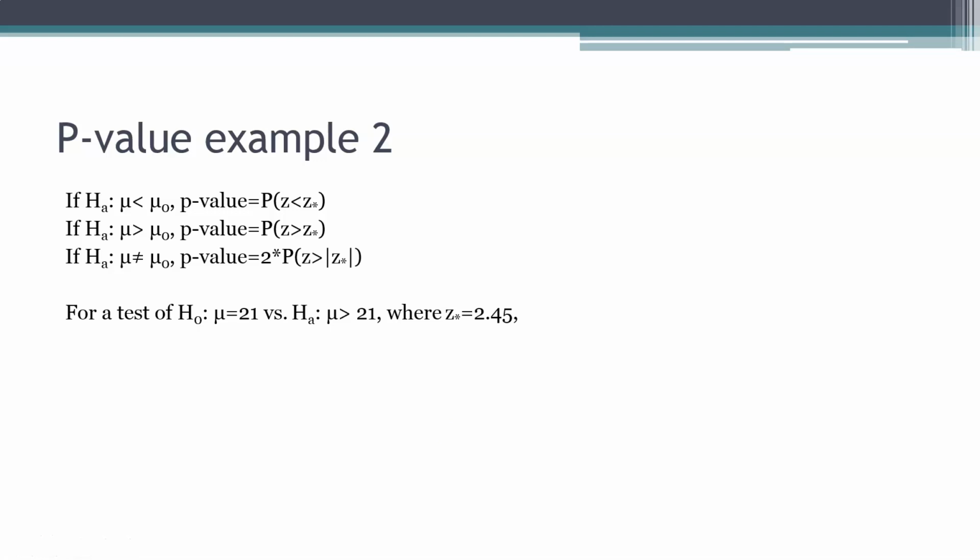Looking at example 2, if we're doing an example where our alternative hypothesis is greater than, we're looking up here for greater than, and this tells us that our p-value formula is the probability that z is greater than the test statistic.